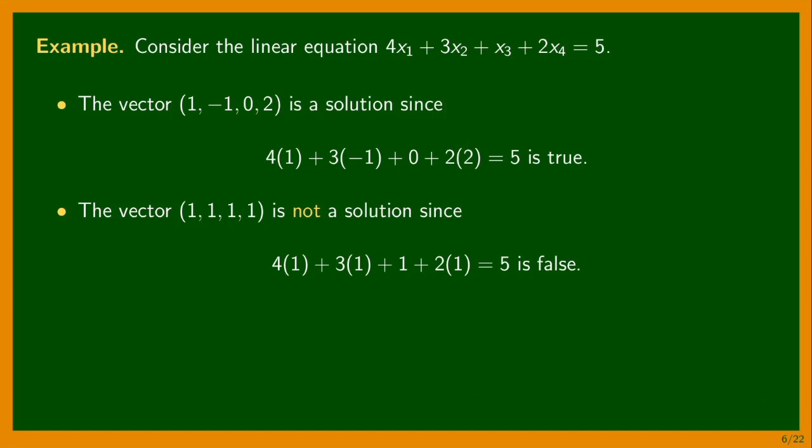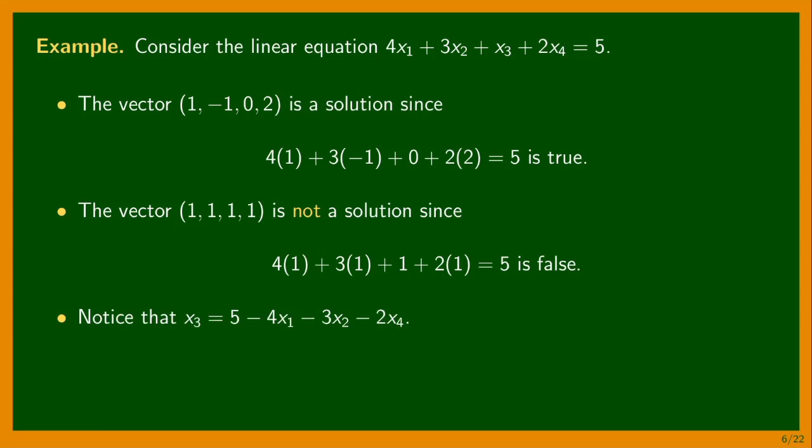On the other hand, the vector 1, 1, 1, 1 is not a solution, because if you do the same substitution, this is false. Why? Because the left hand side simplifies to 4 plus 3 plus 1 is 8 plus 2, 10, and 10 is not equal to 5. That's why this equation is false.